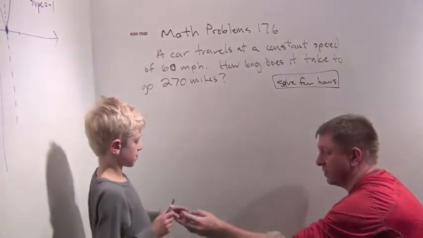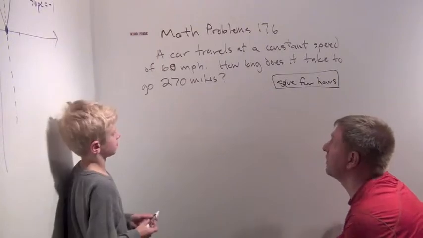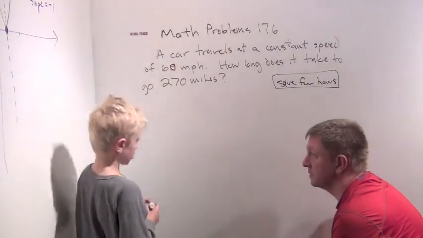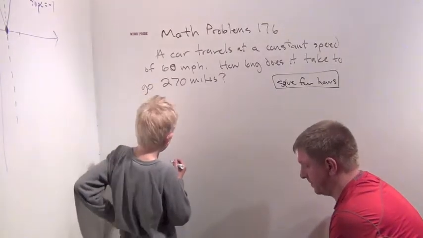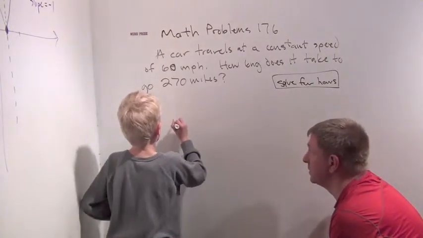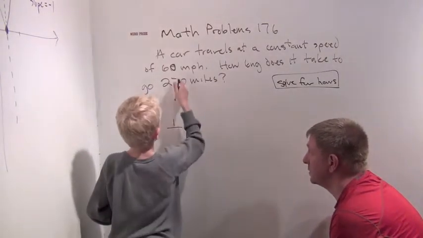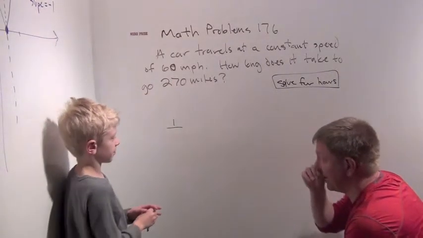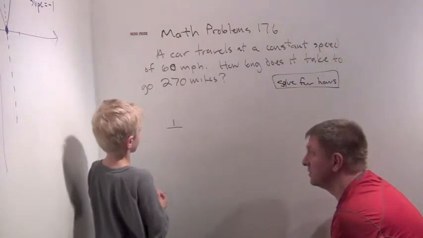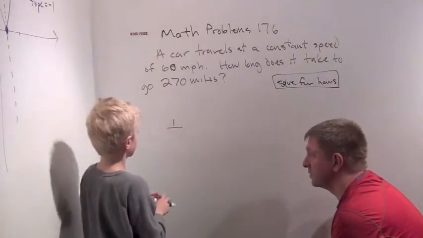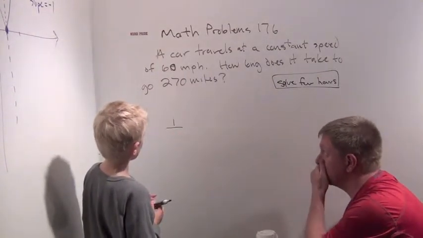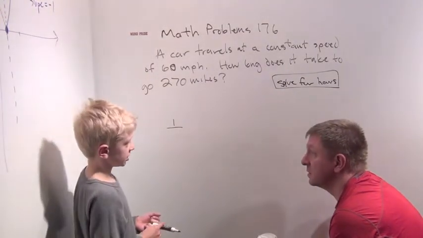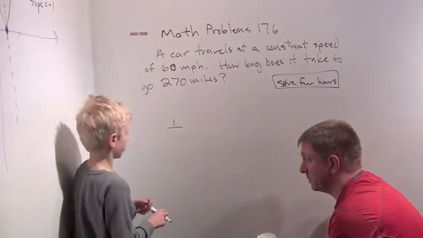So can you tell me how far the car goes in some simple times? Well, in 1 hour it would go 60 miles. That would be 60 miles per hour.